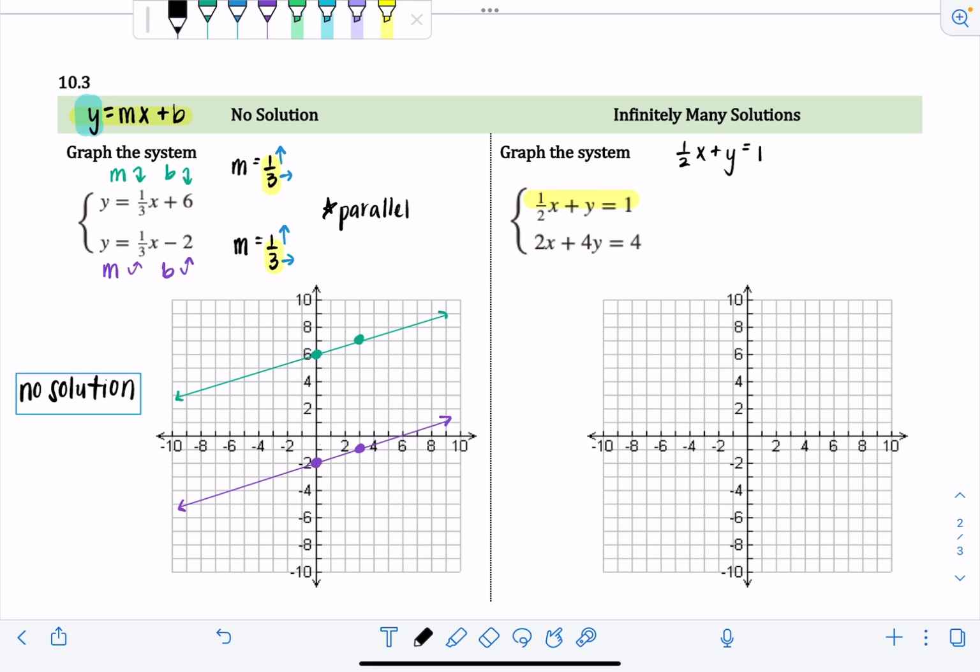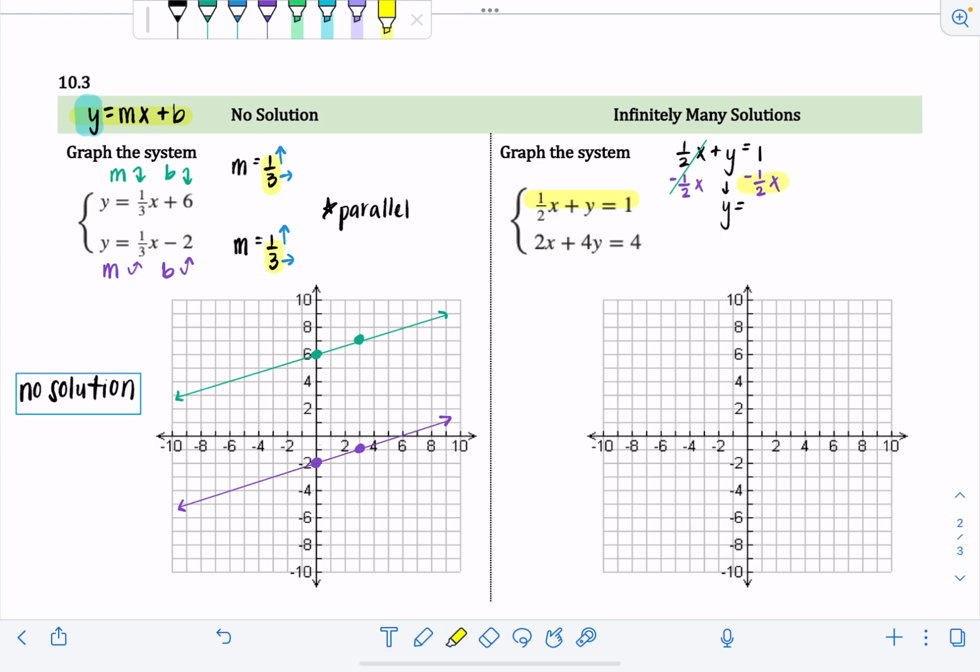If I want to get it in slope-intercept form, I need to get y by itself. That 1/2 x is being added to it, so I'm going to subtract it over. So minus 1/2 x, minus 1/2 x right here. Then 1/2 x minus 1/2 x cancels out, and I bring down my y. Slope-intercept form is y equals mx plus b, so it has the mx part first.